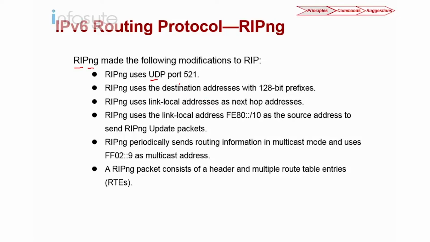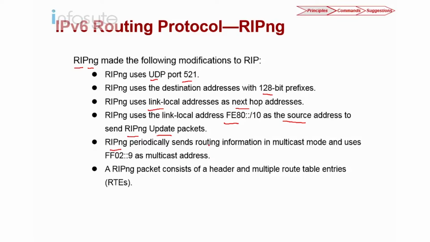RIPng uses UDP port 521. It allows you to use a 128-bit destination prefix, since IPv6 addresses are 128-bit. RIPng uses the link-local address, which is FE80, as the source address and next hop for update packets.